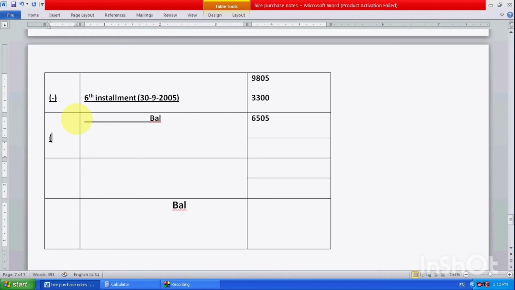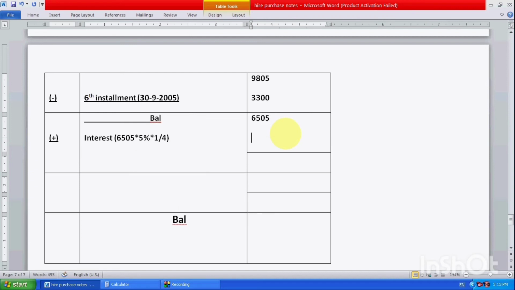First write the symbol add. Add interest for the seventh: 6,505 into 5% into 1 divided by 4.